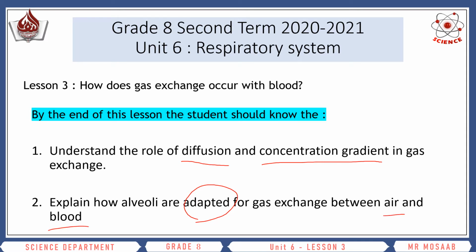What are the adaptations in the structure of alveoli that help them exchange gases very fast and quickly? So we have two objectives: the meaning and role of diffusion and concentration gradient in gas exchange, and the adaptation of alveoli structure.